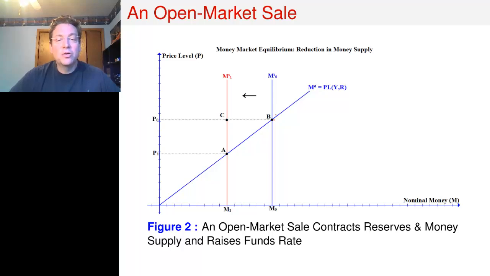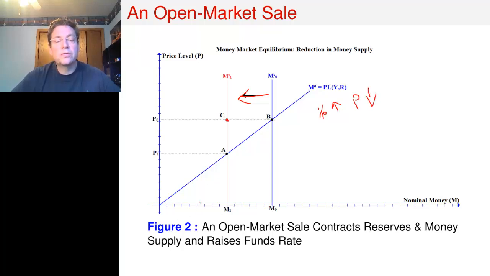And the open market sale contracts the money supply. So supply of money shifts in. At the initial price level now, there is excess demand. That means that the price of money goes up. You remember that the price of money is 1 over P. So if the price of money goes up, then it must mean that the price level goes down.